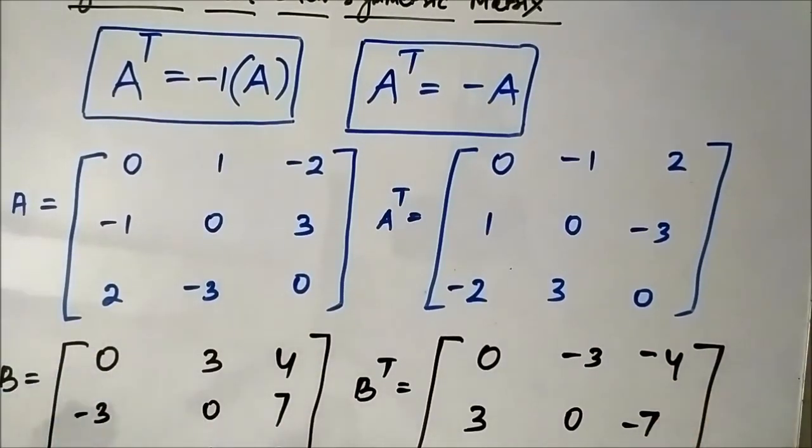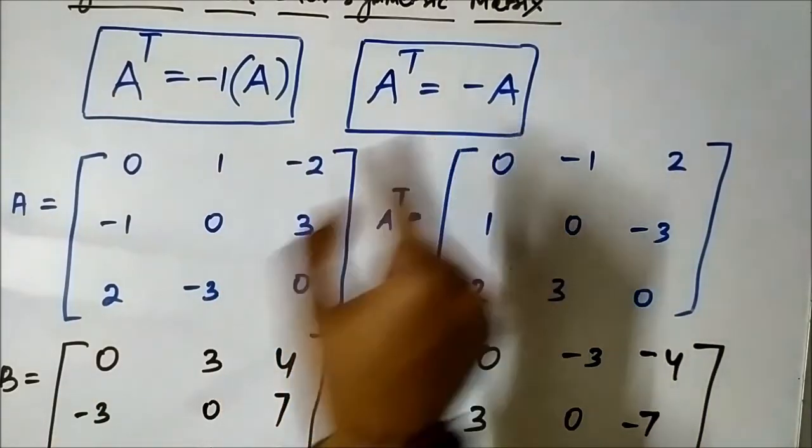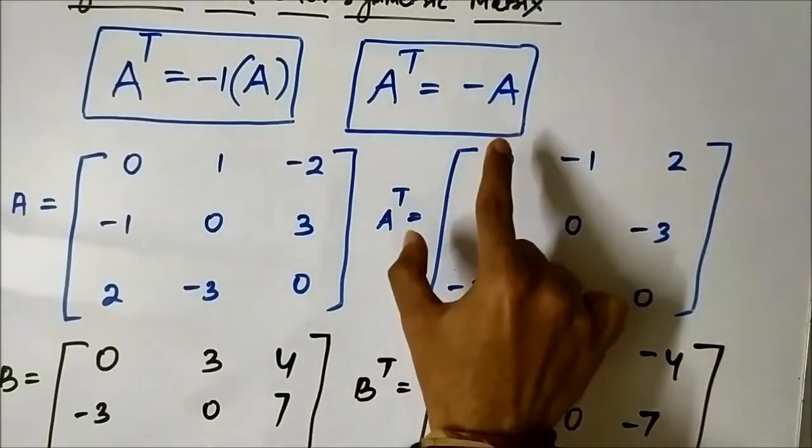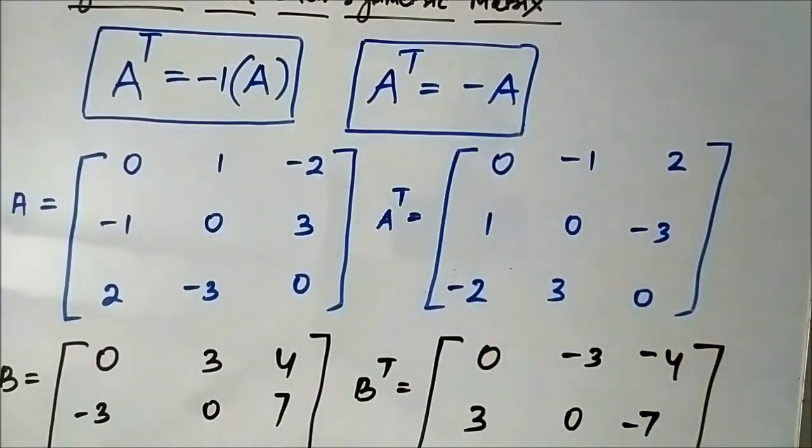In a symmetric matrix, A transpose is equal to A, meaning the transpose gives us exactly the same matrix. In a skew symmetric matrix, A transpose is equal to minus A. It gives us the same matrix magnitude wise, but each element is multiplied with minus 1. So this is all about the skew symmetric matrix.